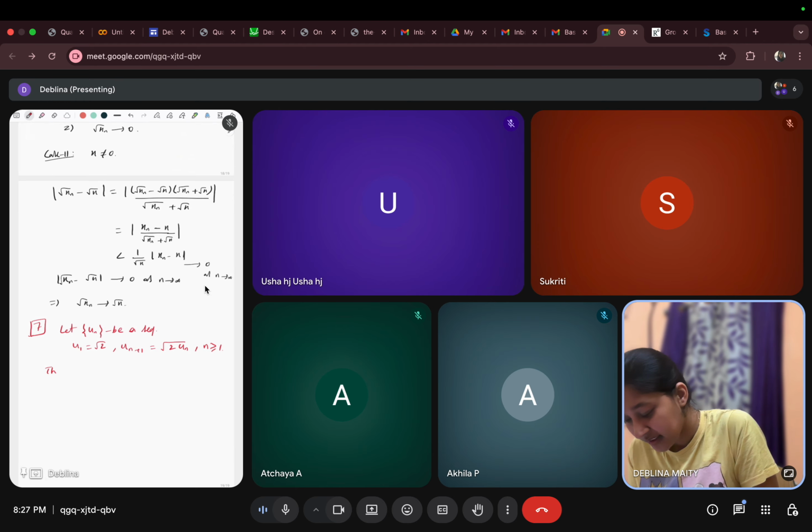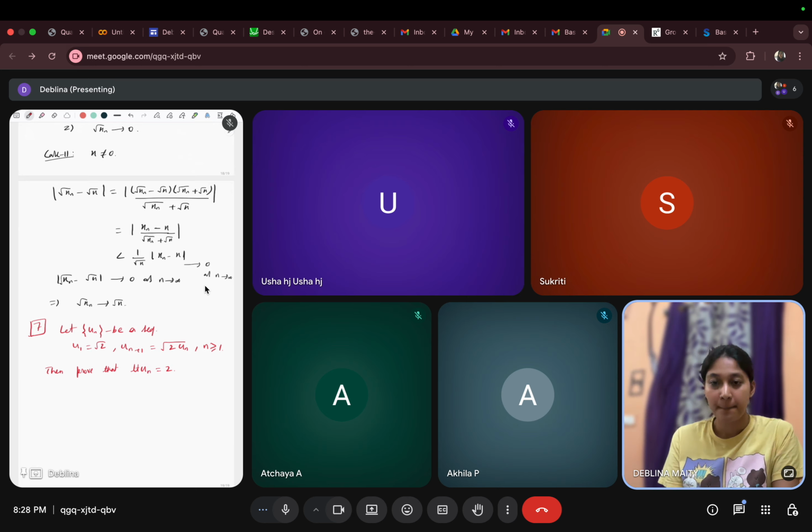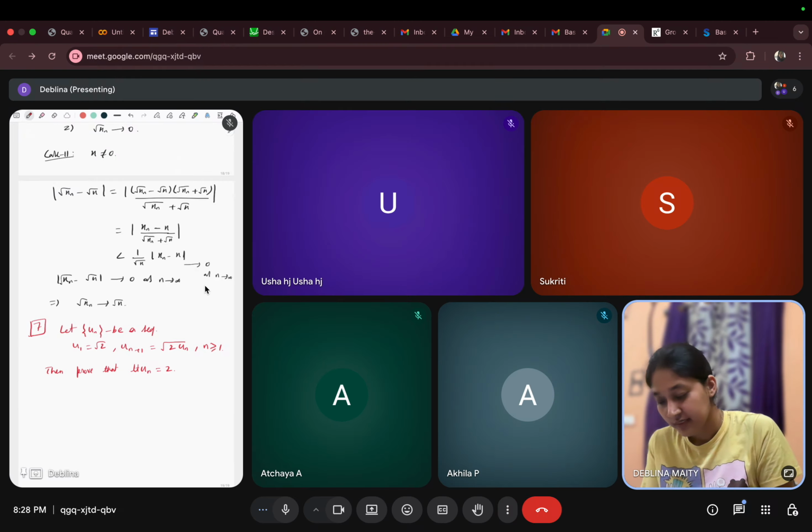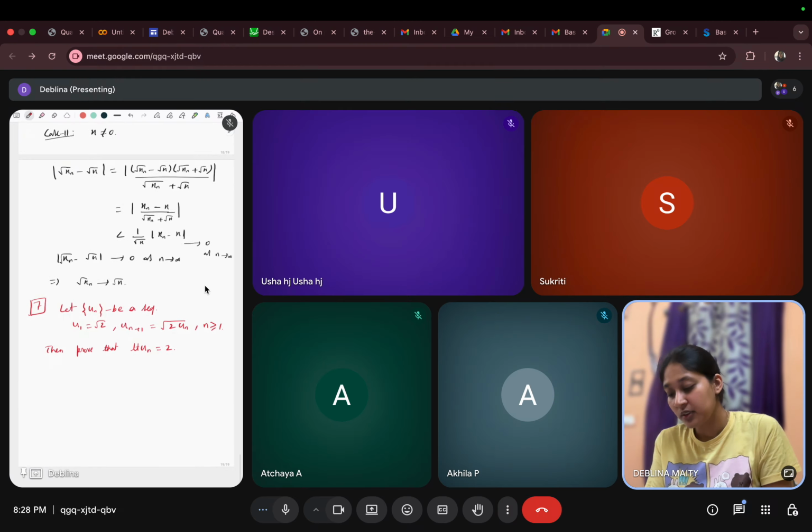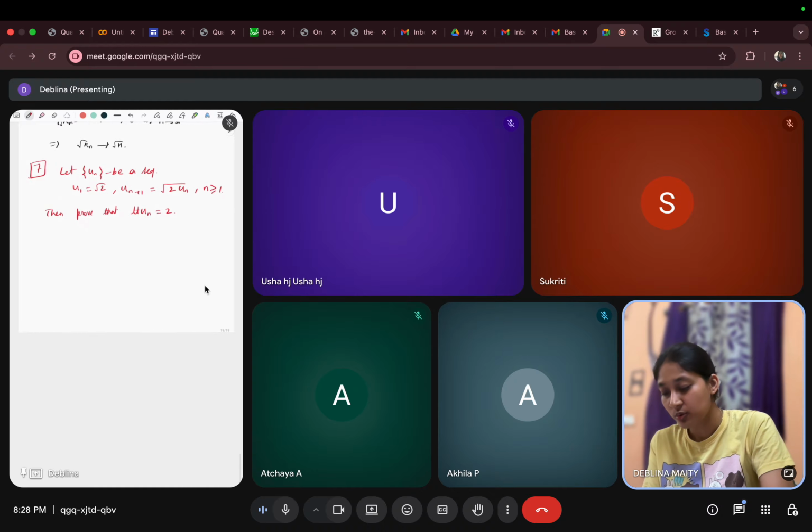Then prove that the limit of un is 2, right? So you have to prove that un converges to 2.